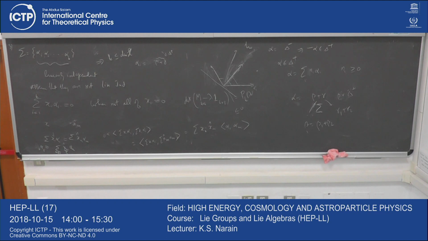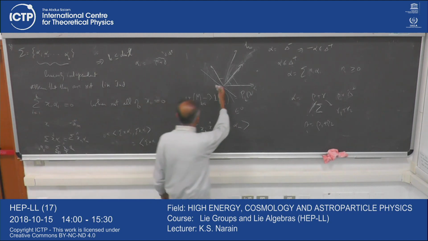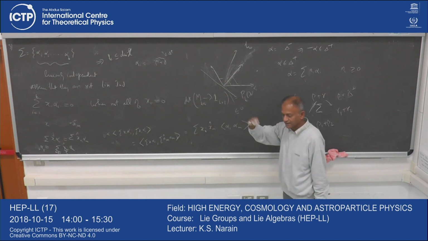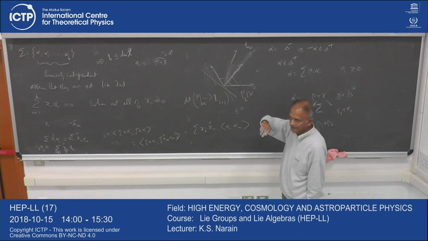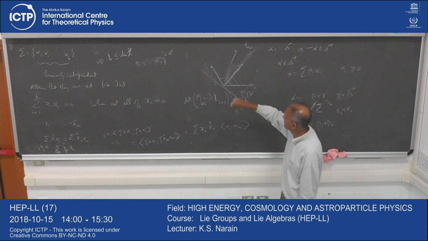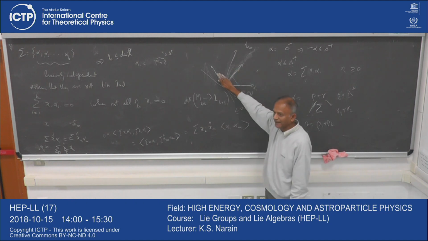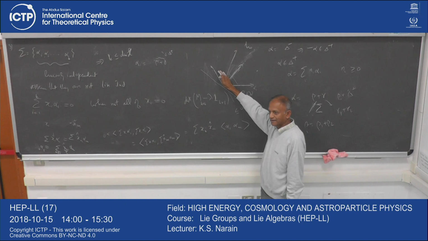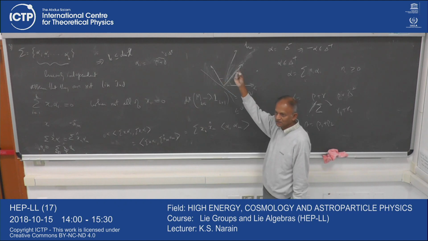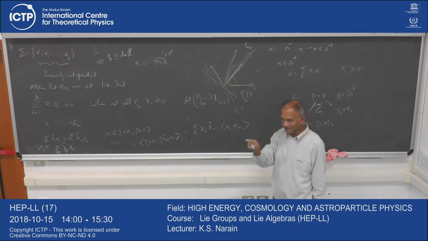Suppose I take the Cartan of dimension 3, let's say SU4. What if all the simple roots happen to lie on a plane? Then we have 3 simple roots, but that doesn't mean they span the whole thing.